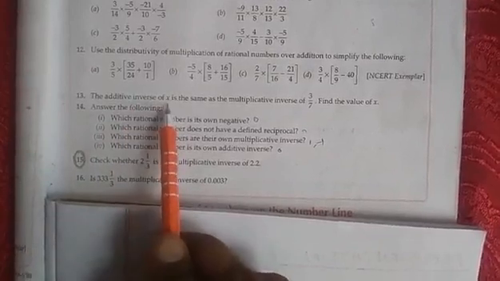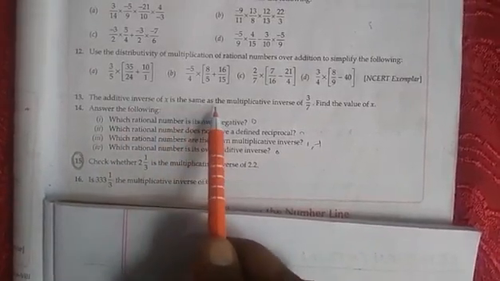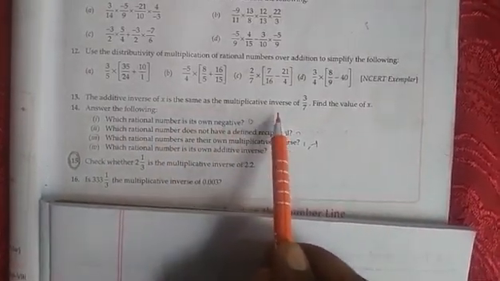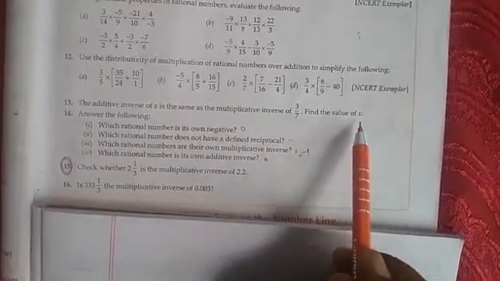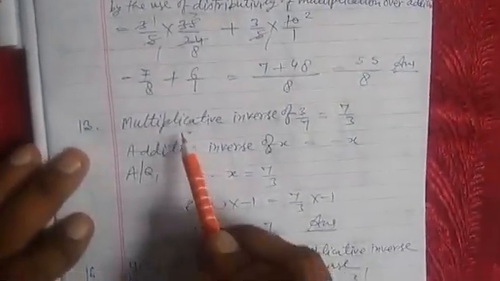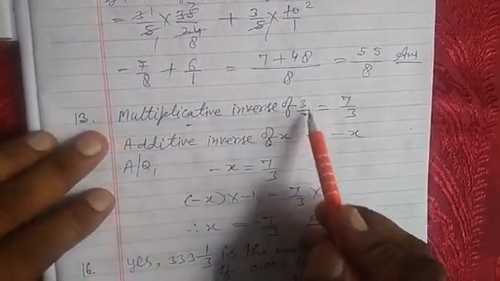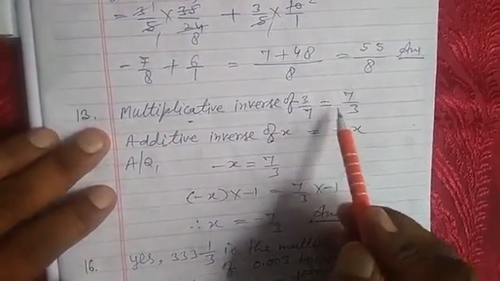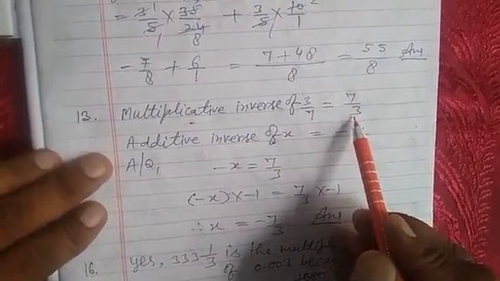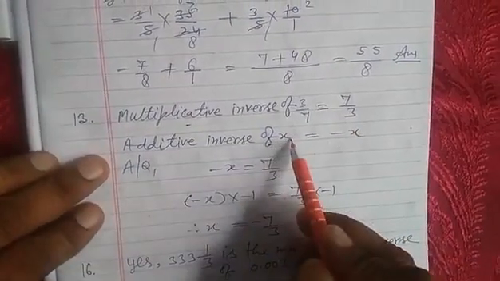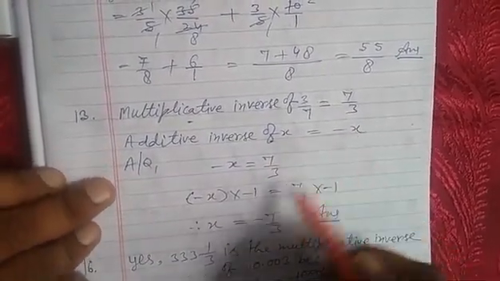Now question number 13. The additive inverse of x is the same as the multiplicative inverse of 3 by 7. Find the value of x. The multiplicative inverse of 3 upon 7 is equal to 7 upon 3. The additive inverse of x is equal to minus x.